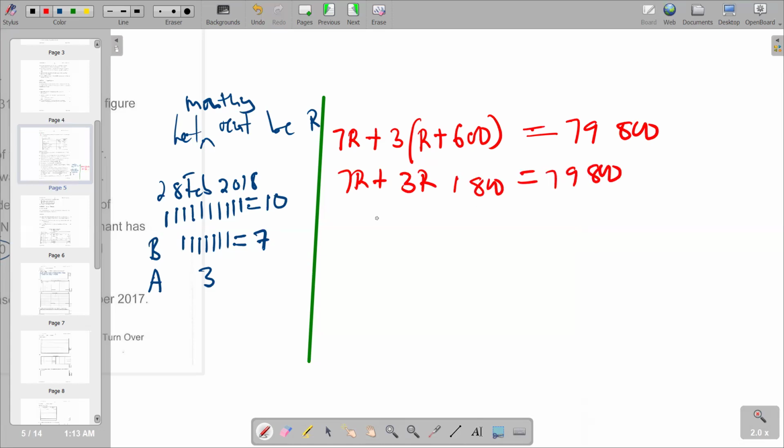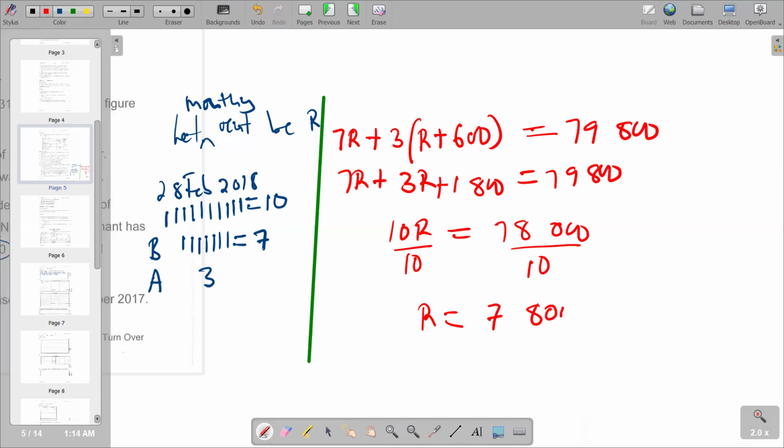Then 7 plus 3R becomes 10R, plus 1,800. We take the 1,800 to the other side, it becomes negative 1,800. So 79,800 minus 1,800 becomes 78,000. Then we divide by 10 both sides. We get R is equal to 7,800.